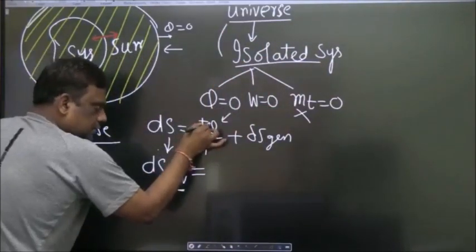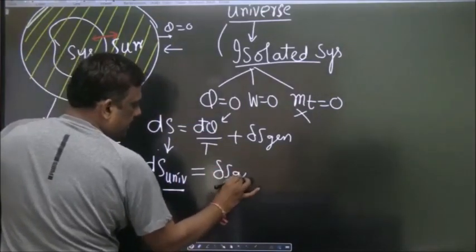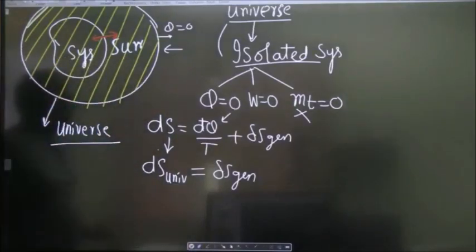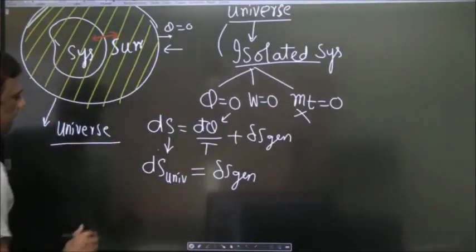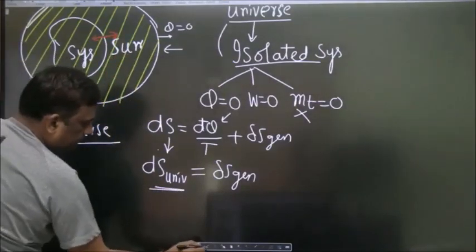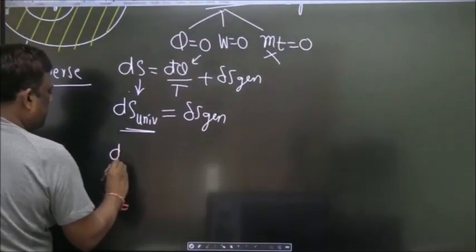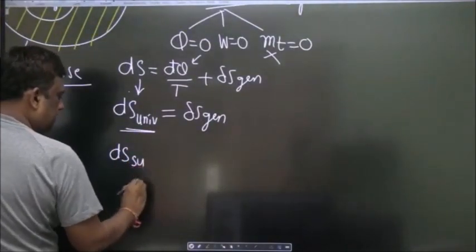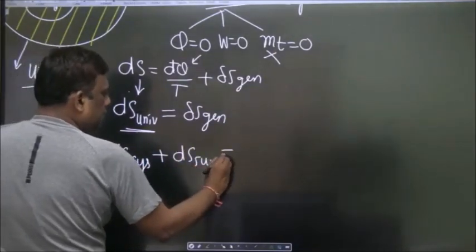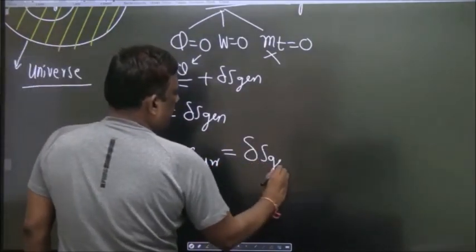So 0 by T is 0, plus this delta S generation. And please note down that the universe is nothing but system plus surroundings. So the entropy change of the universe is system plus surroundings, and that is the entropy generation.